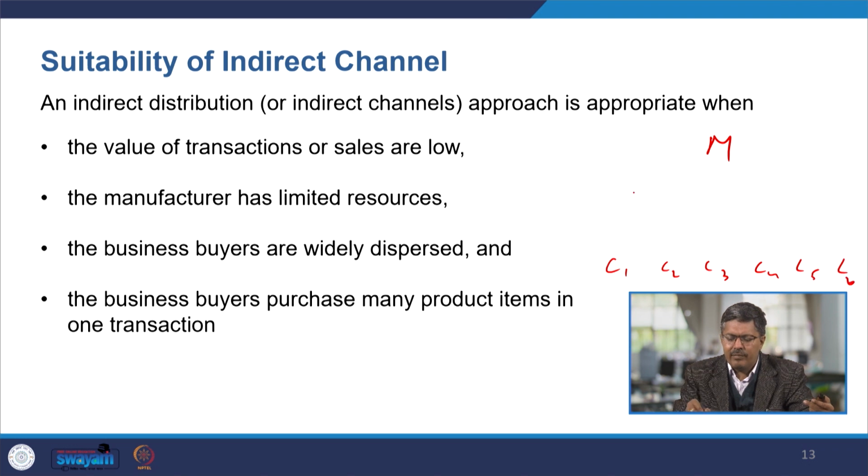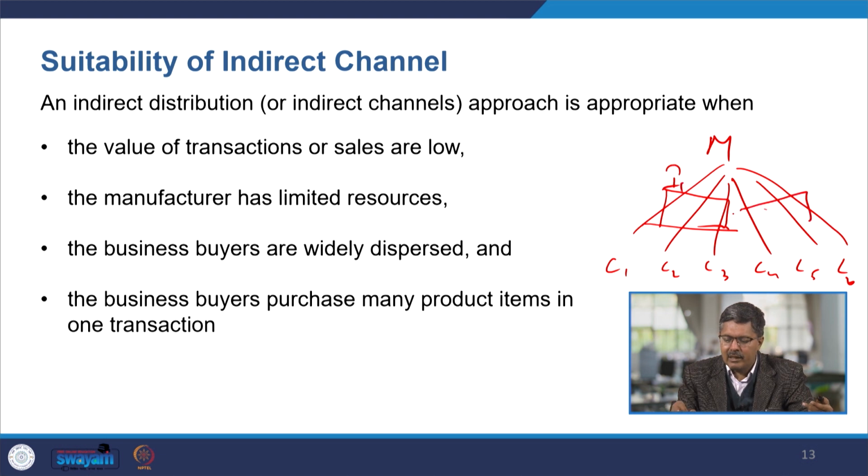If it reaches them directly, just imagine, it becomes a little tough, right. So, let us say it has one intermediary I1 and another intermediary I2. At least through these two intermediaries, it becomes easier for them to reach the customers than what would have happened had they tried it directly. So, that is a challenge.